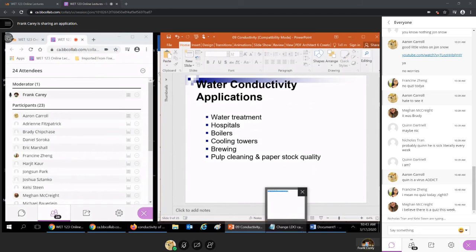Where is it used? Basically everywhere, but mostly things like boilers, cooling towers, breweries, very important. Normally, at this point in the lecture, I would take everybody on a field trip. So unfortunately, you're missing a field trip to show you a cooling tower.